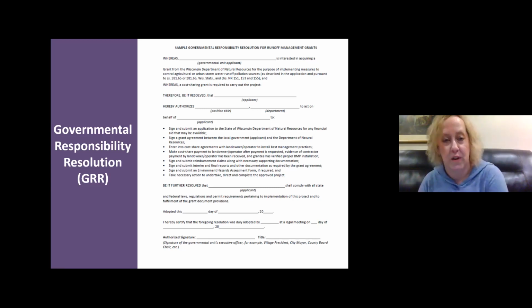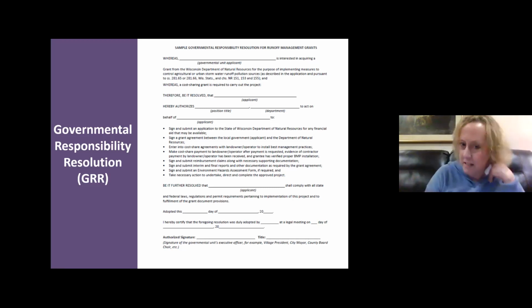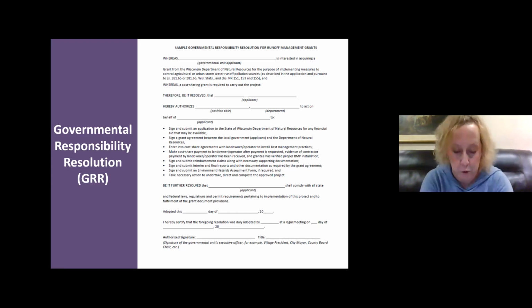If your county conservationist changes, as an example, over the life of your grant, you won't have to necessarily update your resolution. We'll remind you all that there is a Word doc example. We have a template example on our TRM website if you need to make updates or changes. Most everybody has a perfectly fine resolution out there, so that's great. But just know that that template does exist.